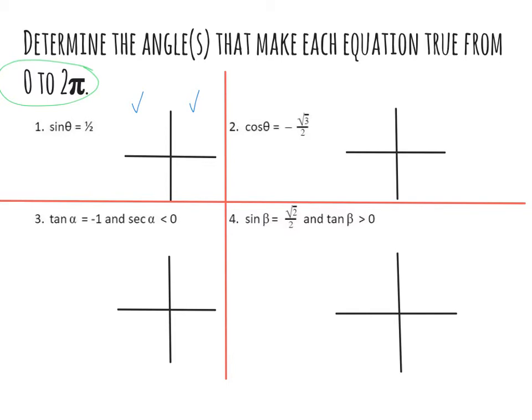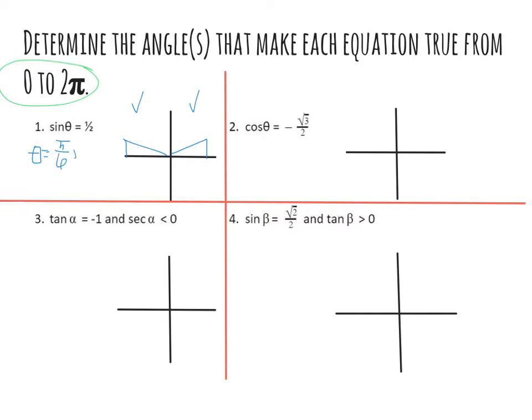The next thing I'm going to do is think about what the triangles would look like that produce an answer of sine of some angle equals 1/2. Since, again, sine is the y value, I'm looking for a shorter vertical distance than a horizontal distance. So I'm looking for the values that are a little bit closer to the x-axis. As we've discussed in class, those are the pi over 6's. So I know that the value in the first quadrant is 1 pi over 6.